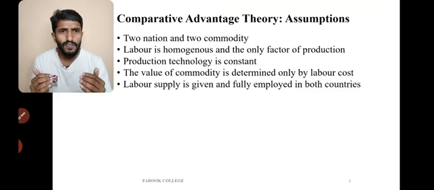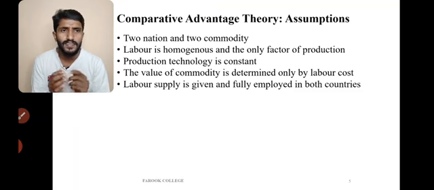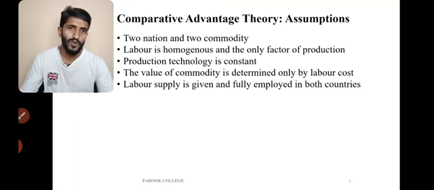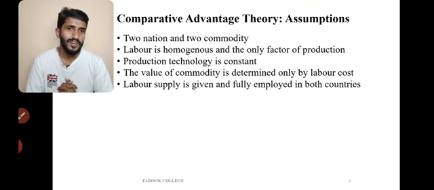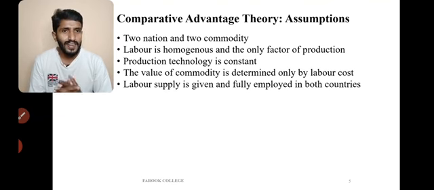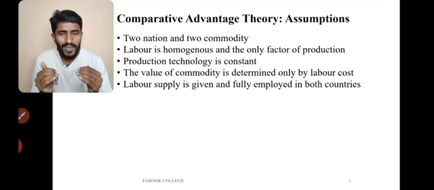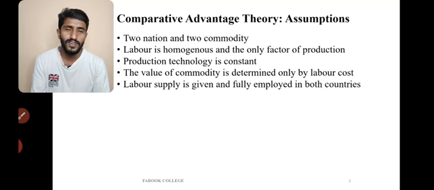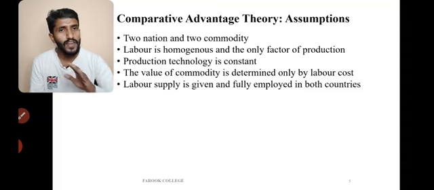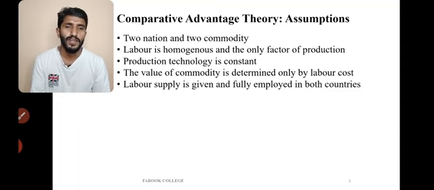Then fourthly, the value of a commodity is determined only by the labor cost. That we also discussed in the absolute cost advantage. And the other thing, labor supply is given and fully employed in both countries. What does it mean? Labor supply is given and all are employed.